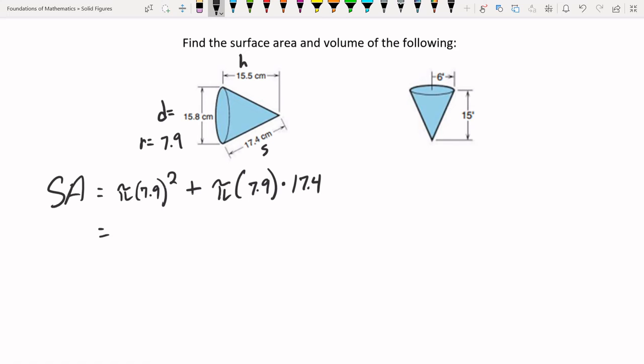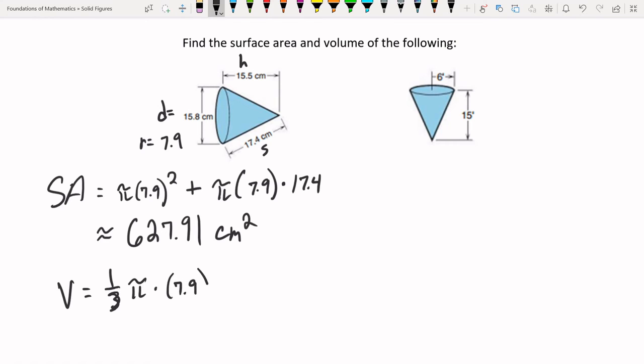Plugging this in, we get 627.91. That's of course approximated. This is going to be in centimeters squared. All right, for the volume, we have 1/3 pi times the radius squared times the height of the cone. Again, the height is going to be from the circular base straight to the point.